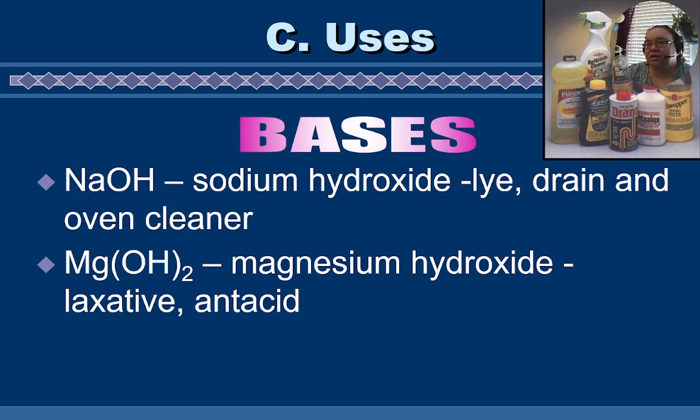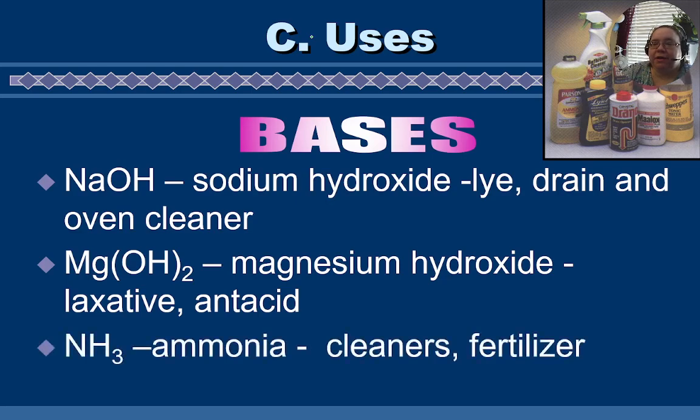It's also found frequently in your antacids. So if you've ever had Tums, or I can't think of what the other brand is called besides Tums, it's probably got magnesium hydroxide in it. Ammonia, as I mentioned earlier, NH3, is found in cleaning chemicals. It's also a common ingredient in your fertilizer.